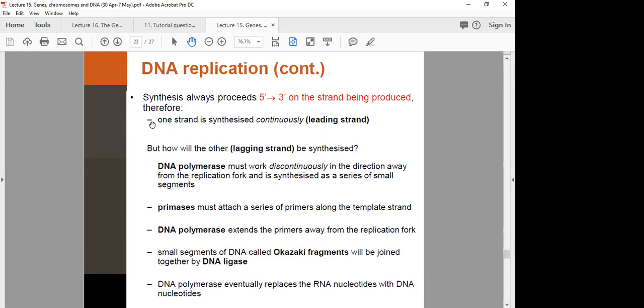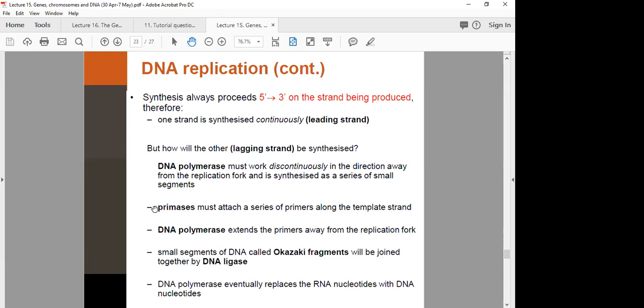So that leading strand that we saw at the top in our drawing, that strand is synthesized continuously. But the other strand, the lagging strand, the complementary strand to this one is synthesized in a discontinuous fashion. That is, the DNA polymerase enzyme has to work discontinuously in the direction away from that replication fork, and the DNA is synthesized as a series of small segments.